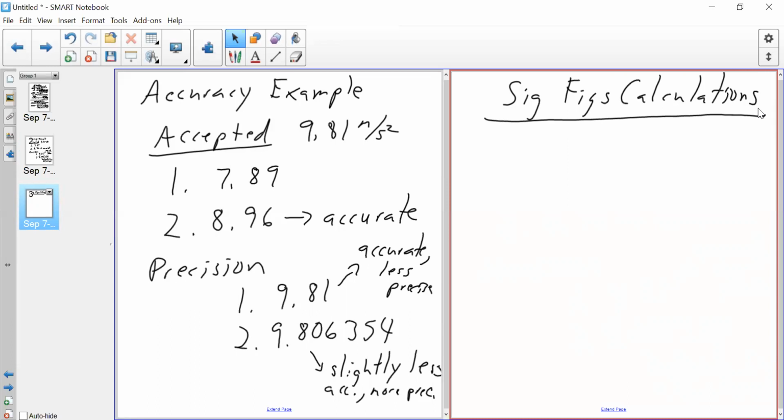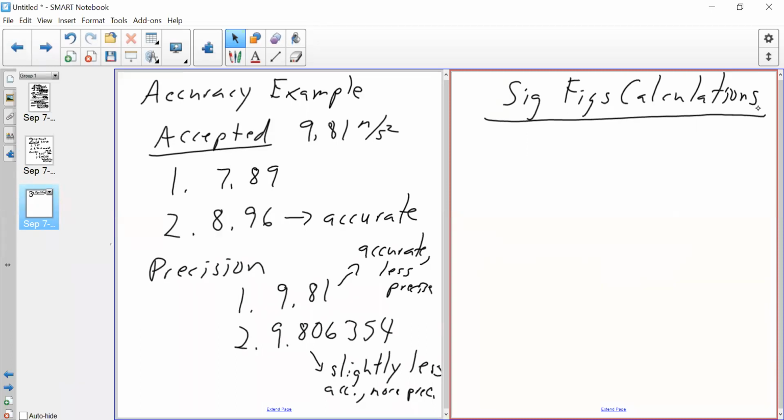And we have some other tricks of the trade. One way to determine the number of sig figs is to put the number in scientific notation, and that will determine how many sig figs we have. And we never look at the power of 10 in the sig fig result. We just look at the number before the power of 10.